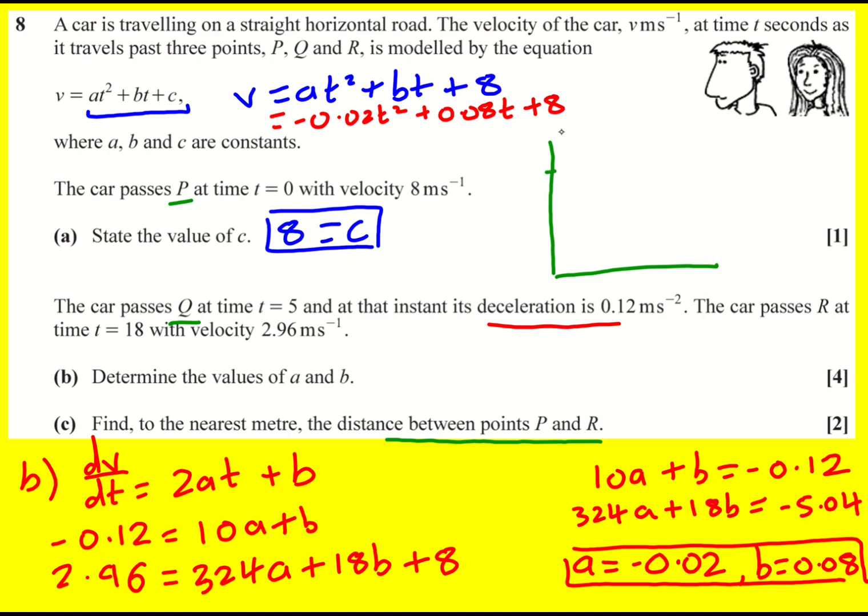Well, when t is 0, we've got 8, and we know it's a negative quadratic, so maybe it's sort of on the way up and coming back down. We don't know that for sure, but it is going to go below the axis at some point. But we're told when t is 18, the velocity is 2.96.